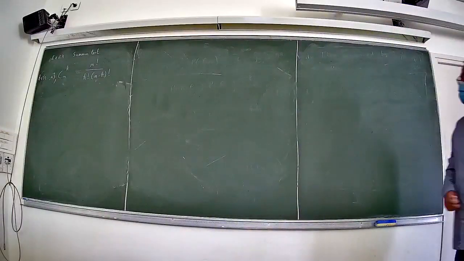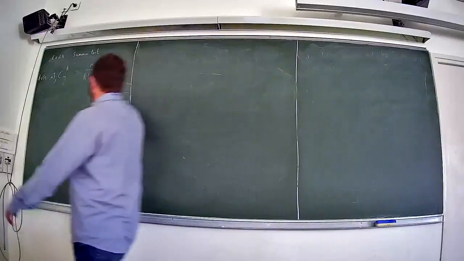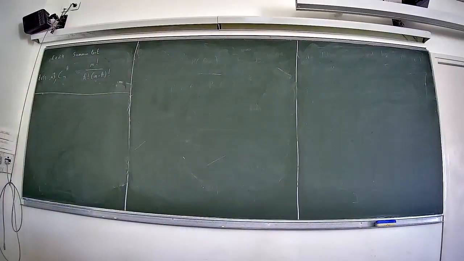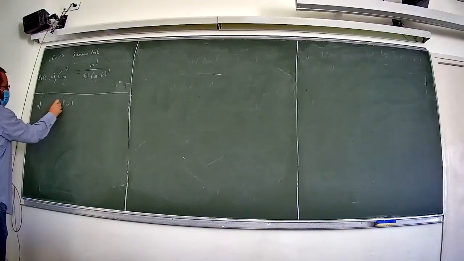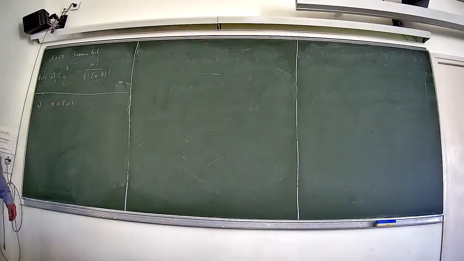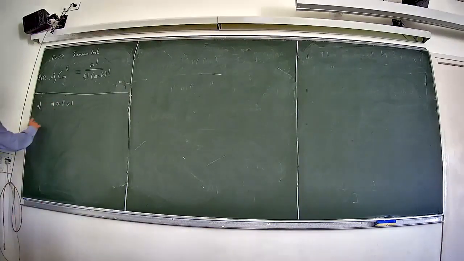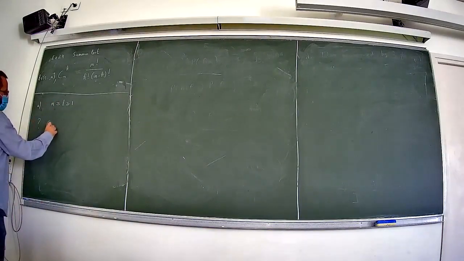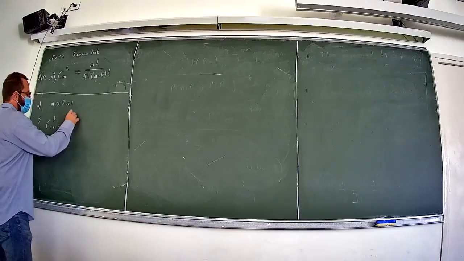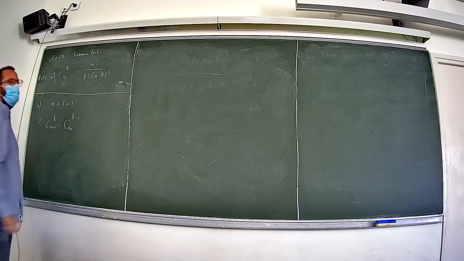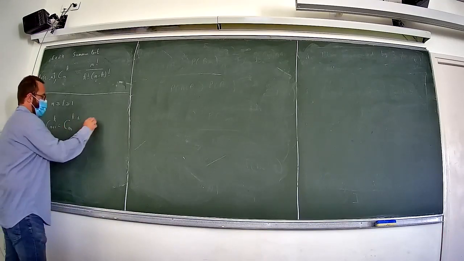So I have my definition, and I am able to do everything. So first question of the exercise, to prove that, I take k from 1 to n, and I want to prove that C(n+1, k) is equal to C(n, k-1) plus C(n, k).